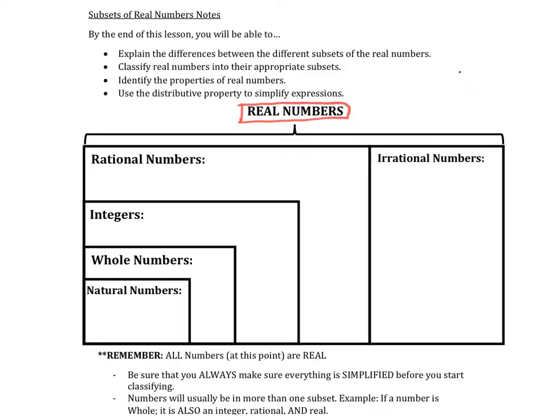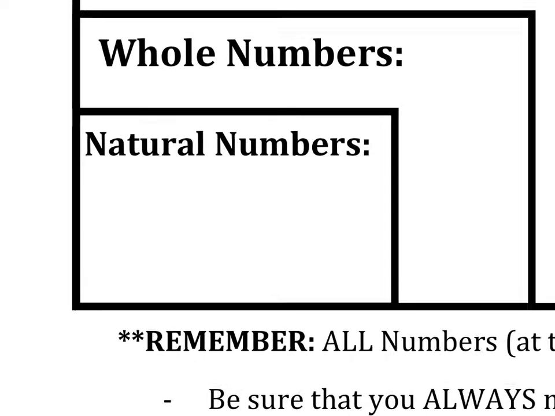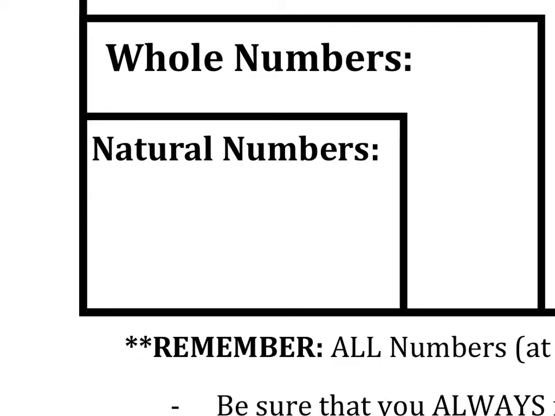So we're going to start down here in the smallest, most exclusive subset and then work our way out. So natural numbers is our smallest subset of the real numbers, and this includes the counting numbers. So when you count, you usually start at 1, go 1, 2, 3, 4, 5. Those are natural numbers.